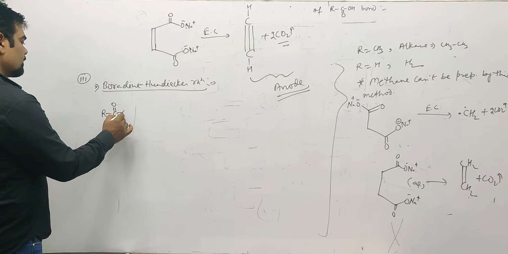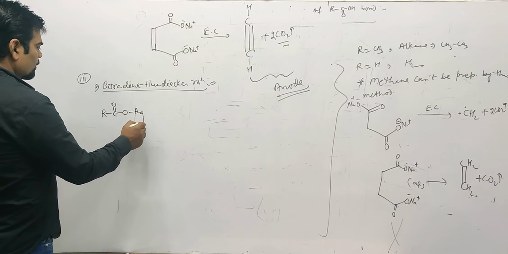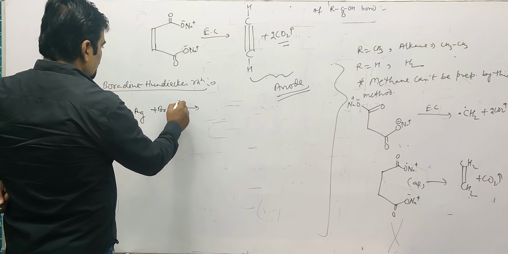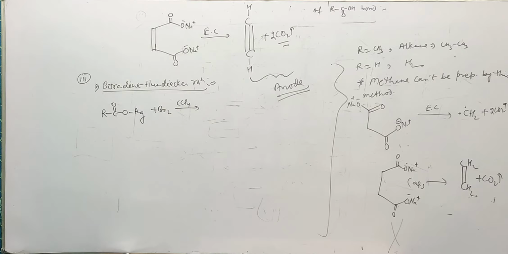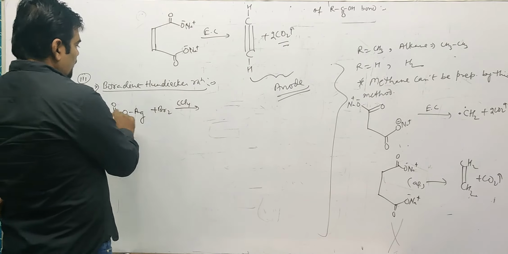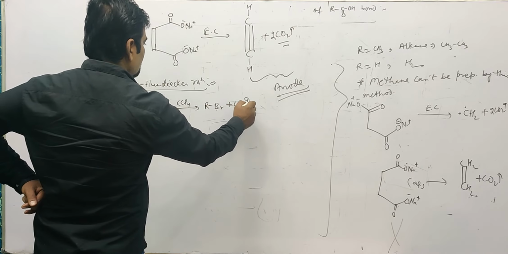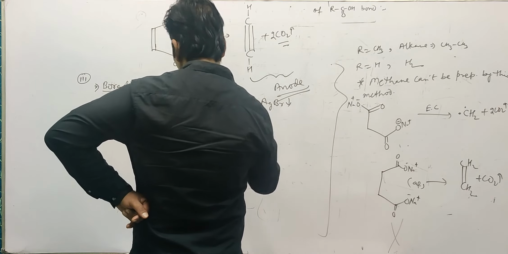Let's say we have the silver salt of a carboxylic acid, RCOOAg, treated with bromine, and carbon tetrachloride is refluxed with it. Carbon dioxide will be eliminated and this will form the corresponding RBr plus carbon dioxide gas. Formation of a precipitate of AgBr takes place.